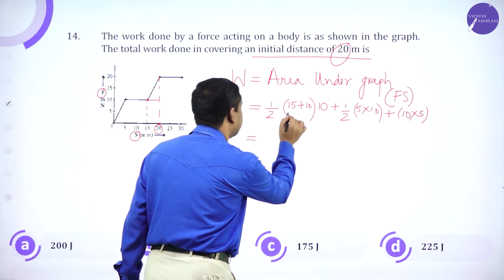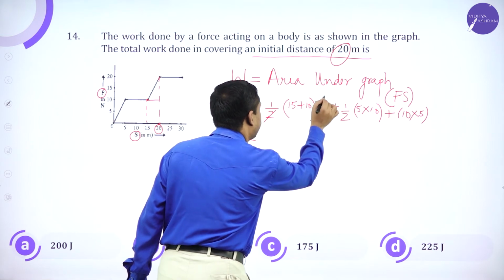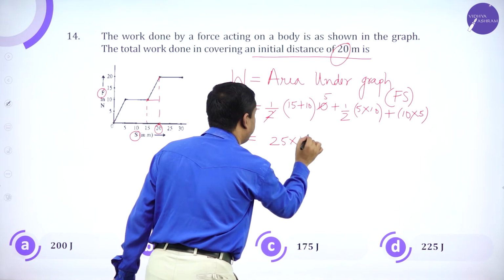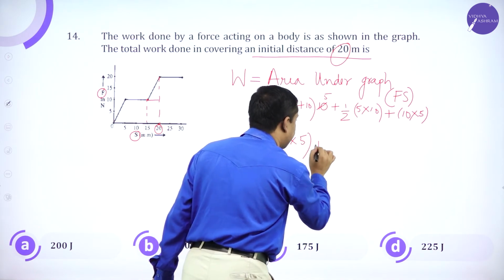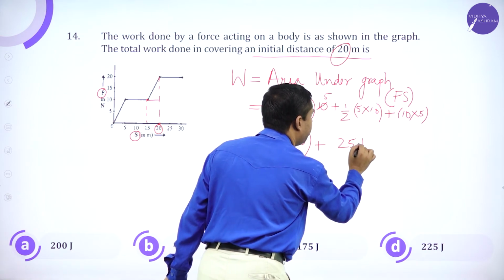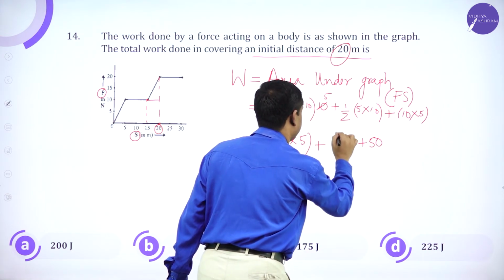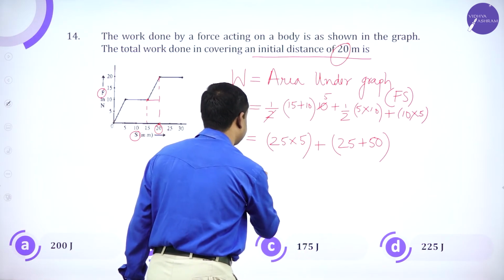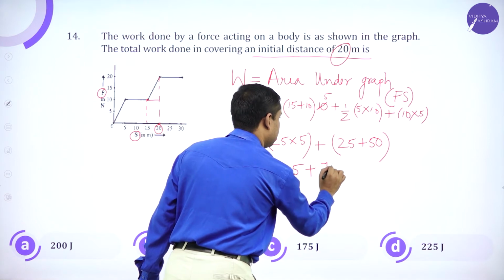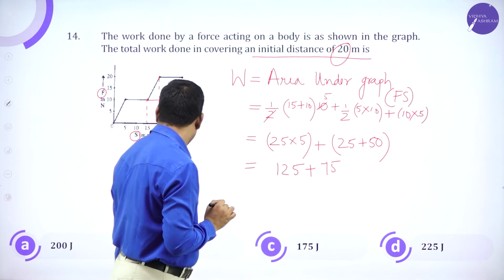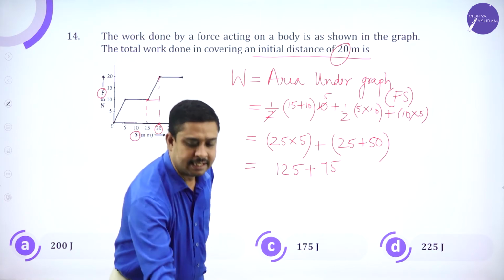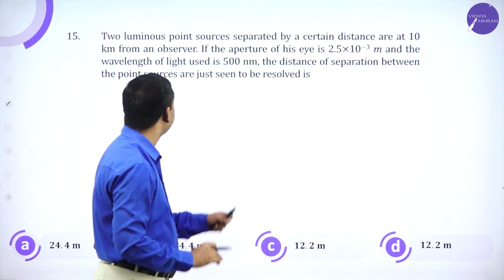So this is 25 into 5 plus 25, so this is 125 plus 75. So when you solve, you get the required answer.